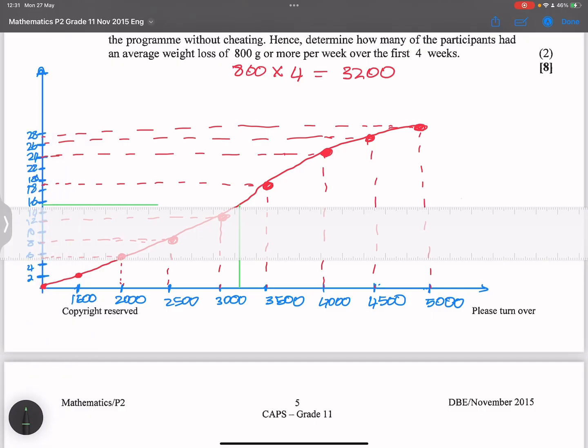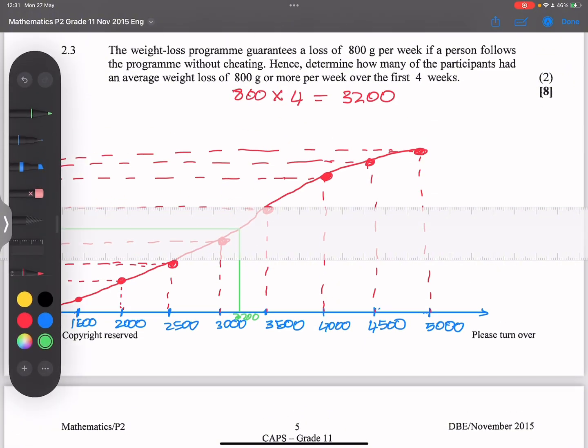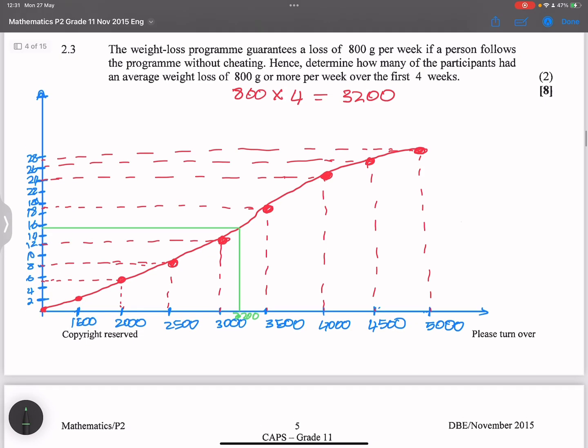So in this case, anyone from 15 upwards is above that 3,200. So this value here would be 3,200, and anyone from 15 above is above the 3,200 they were talking about.